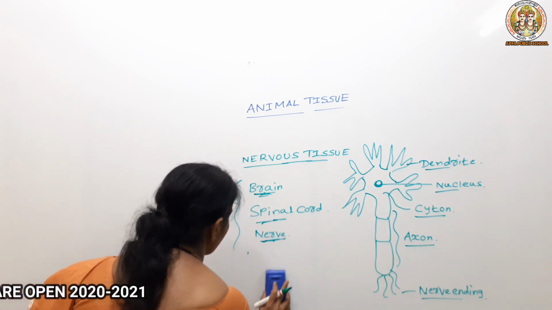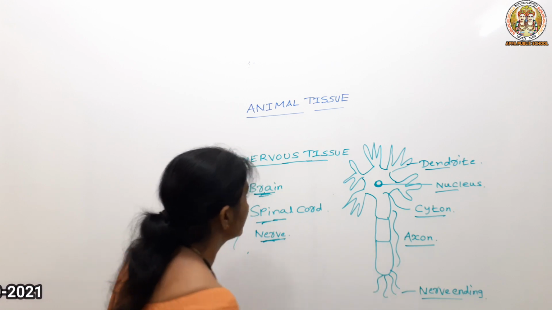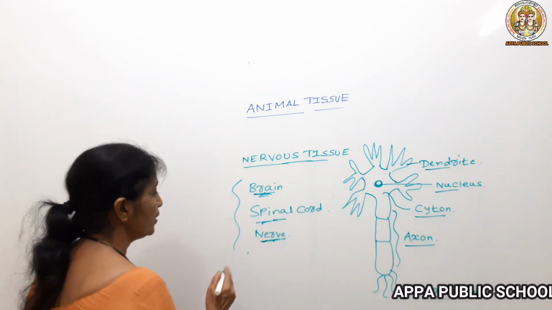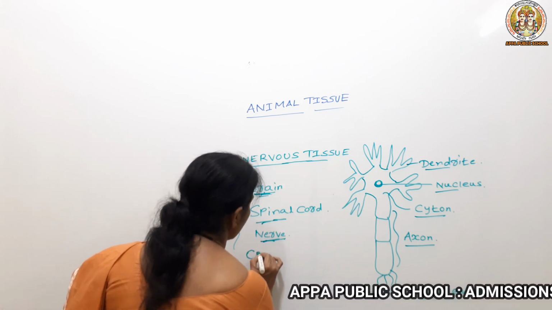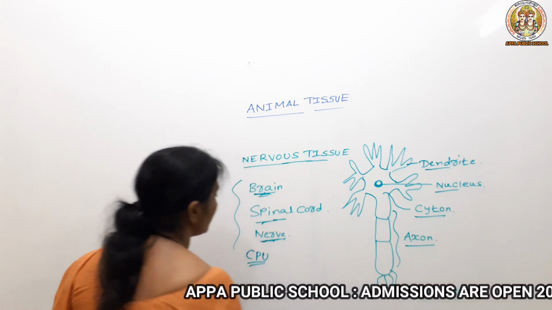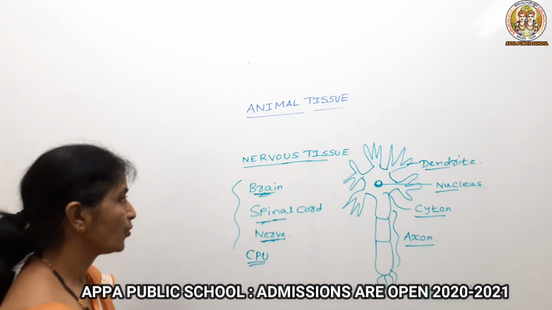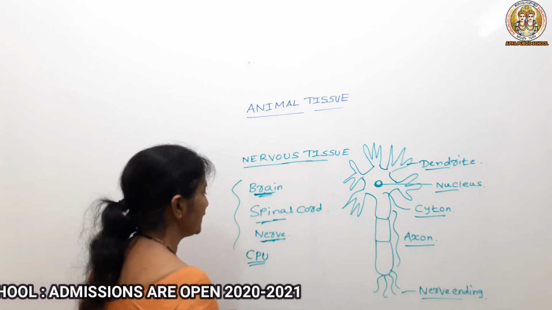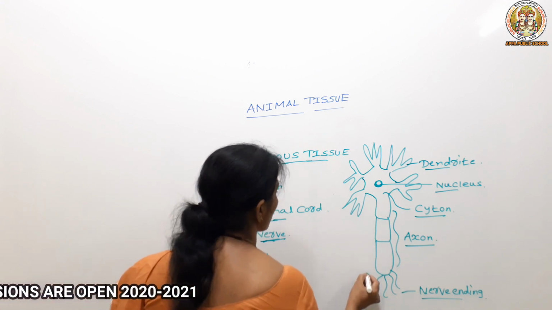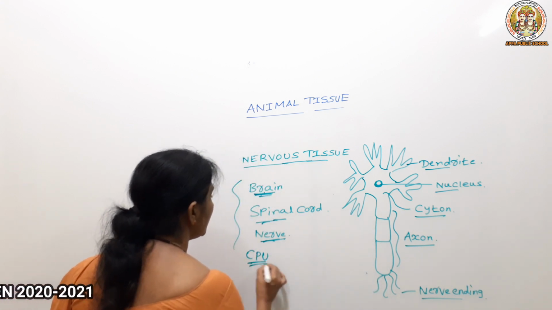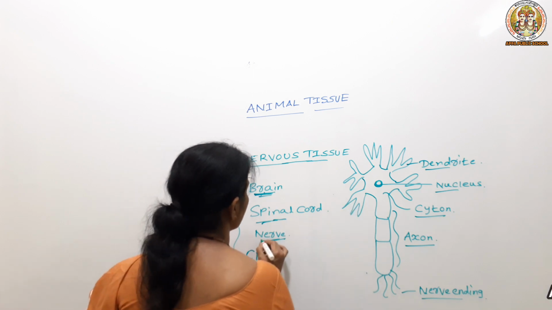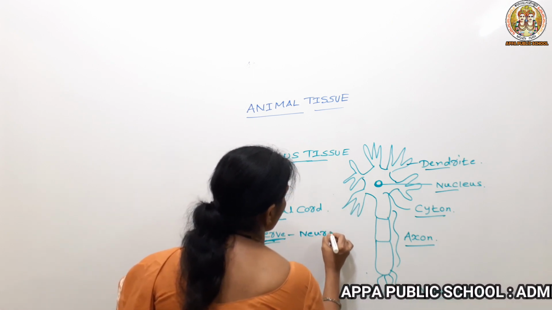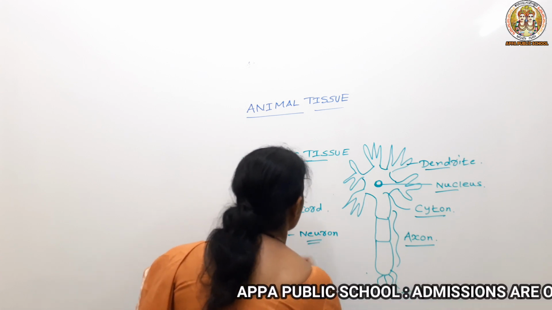So you can compare this to the working of a computer. The CPU acts as the brain and it gives the message. Similarly here the brain will take the message and give back the product. The wires which are interconnected, here we can consider as the nerves or the neurons which are interconnected to one another.